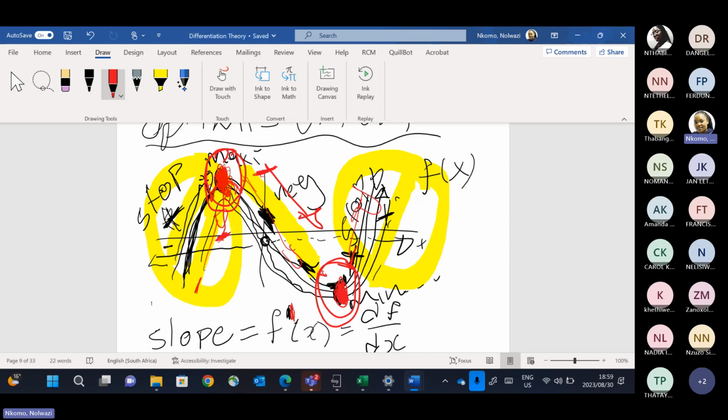And then to determine whether it is a minimum point or a maximum point, we find the second derivative. Right. Once we know that that point is a minimum or a maximum, we can then determine the interval where the given function is increasing or decreasing. Okay, let's do an example.